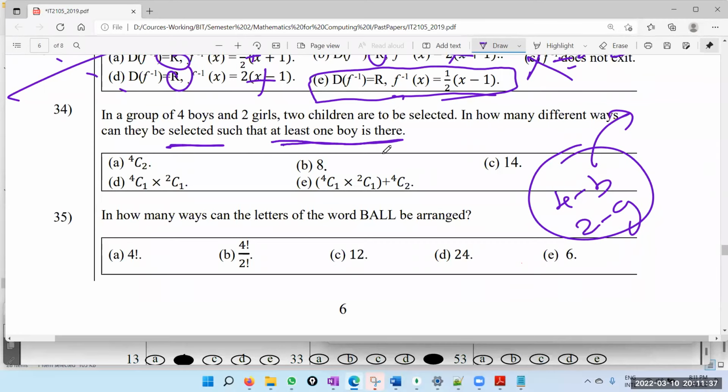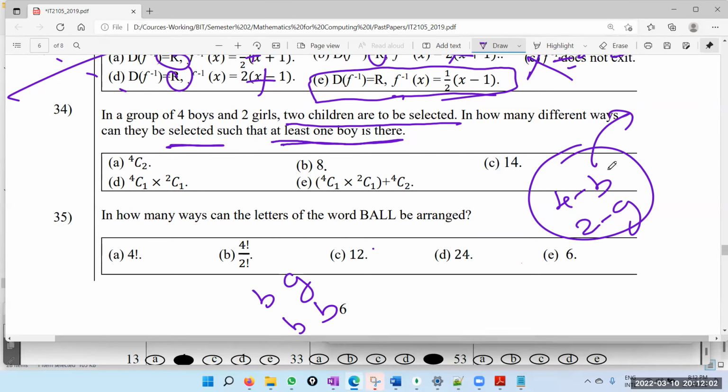So how do you do that? You have to find only two children, right? 2 children are to be selected. So one possibility is at least one boy, boy and girl. The other one is boy and boy. Both are valid. If it is boy and boy, what is the answer?